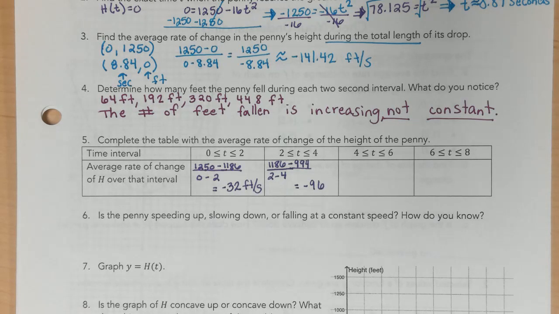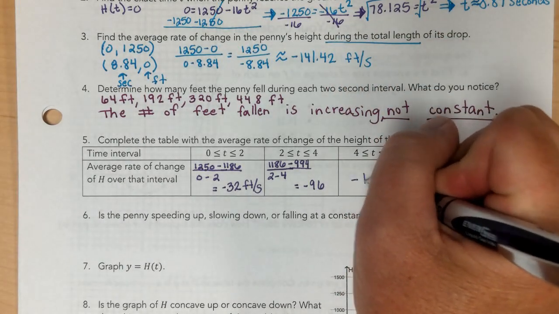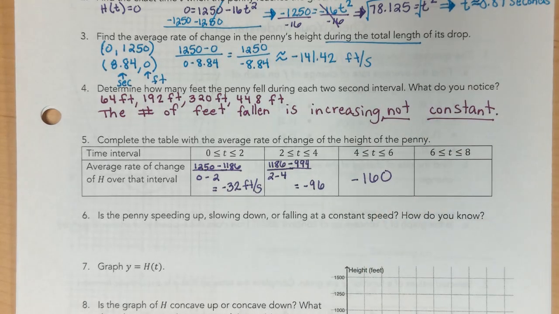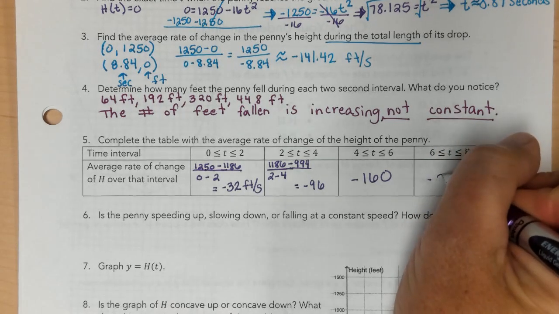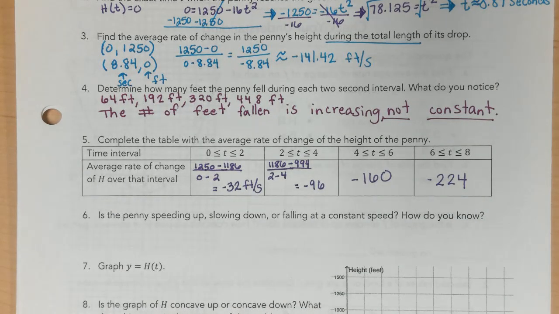So for 4 to 6, we get negative 160. And from 6 to 8, we get negative 224. Of course, all of that's feet per second, correct?